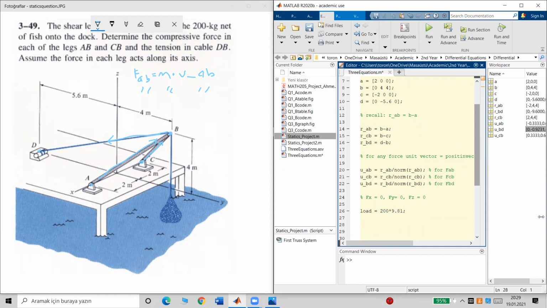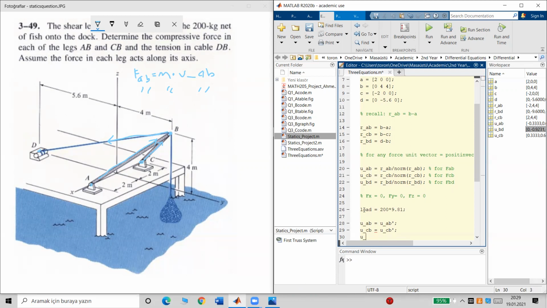Now, I need to write each equation and solve them. However, if you use MATLAB, you can do it easily, right? Let me show you. First of all, I want to take the transpose of each vector. UCB is equal to UCB transpose, and UBD is equal to UBD transpose.